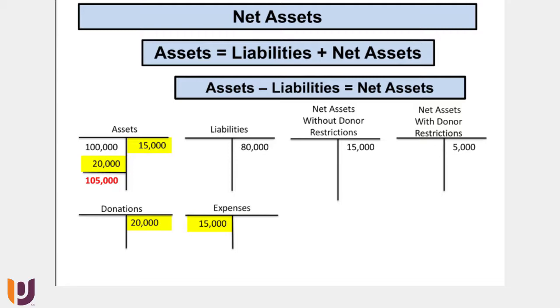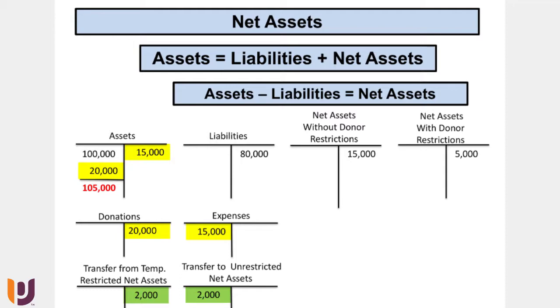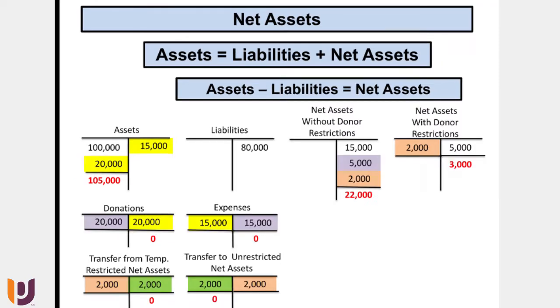We have donations of $20,000 and expenses of $15,000, all paid by cash. We transfer $2,000 from the restricted net assets to the unrestricted. At the end of the year, we will close out the donation and the expense accounts to the unrestricted net assets. The transfer accounts will be closed to their respective net asset accounts.